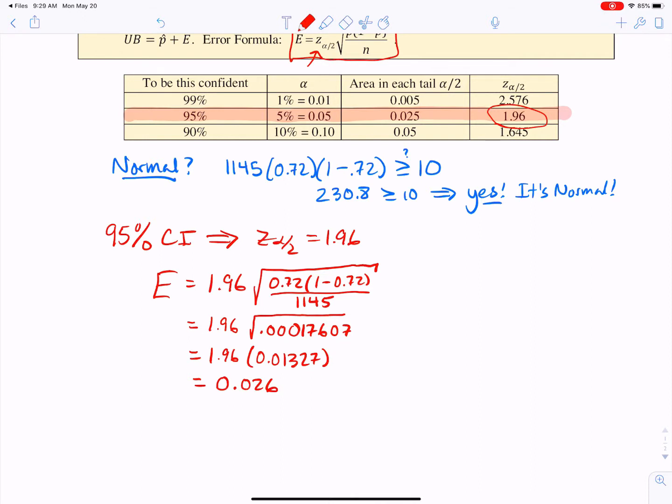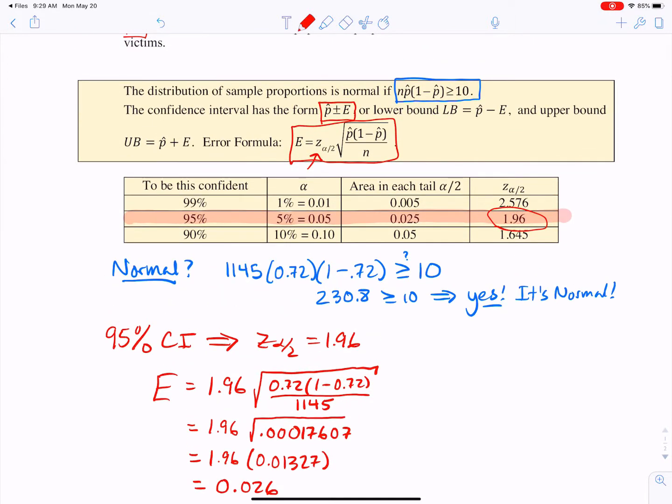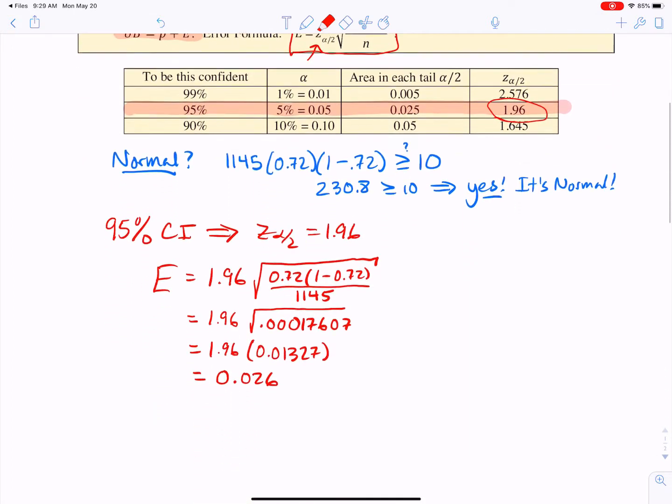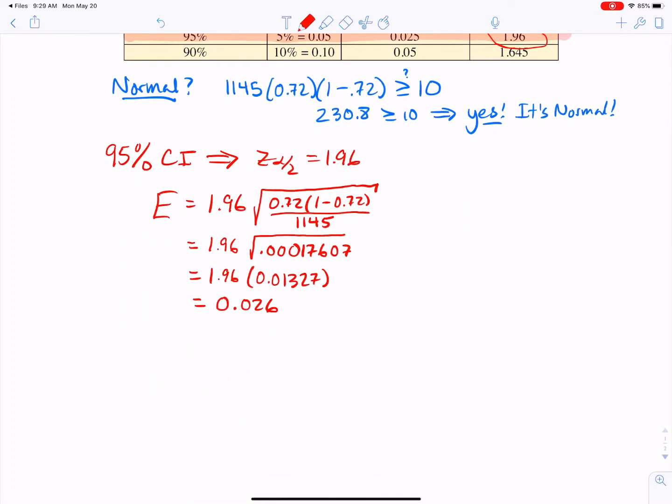Okay, so now we're going to go back up here, and we're going to do the lower bound is p hat minus the error, and the upper bound is p hat plus the error. Okay, so that's what we're doing next. So the lower bound is p hat minus the error, which is 0.72 minus 0.026, which is 0.694.